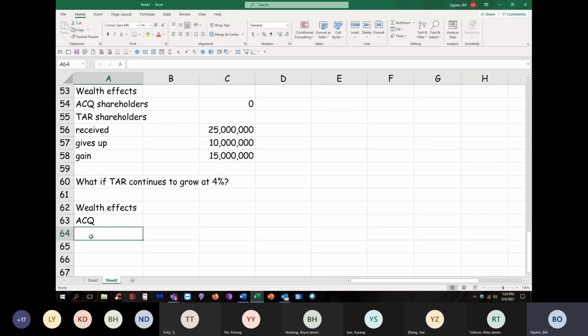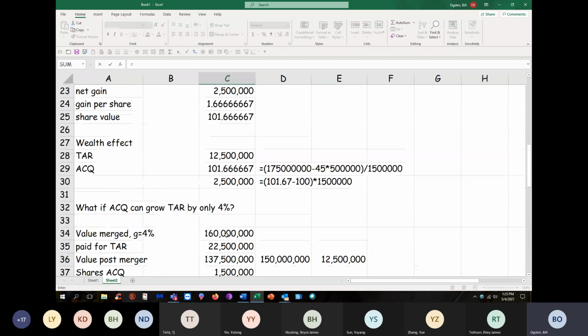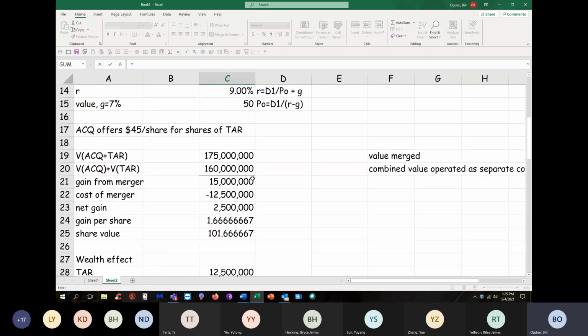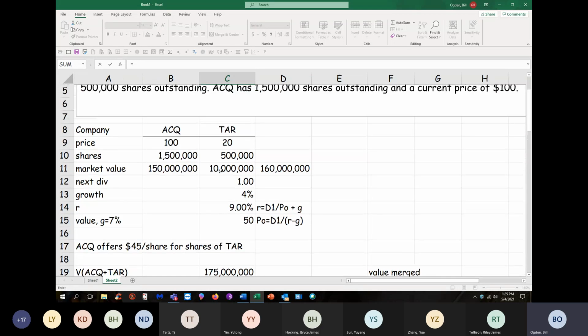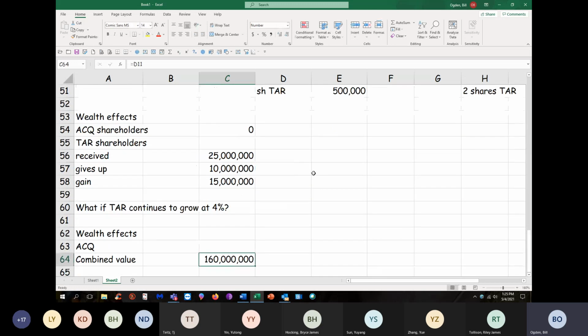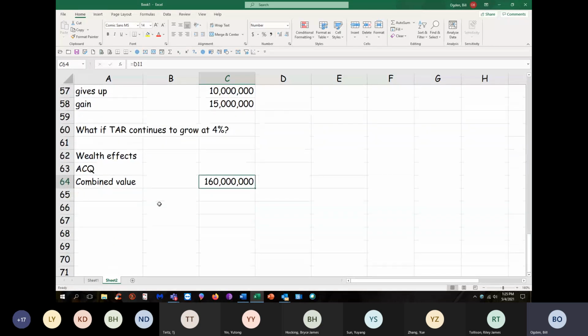We've done this before, so let's not redo it. It's basically the same as if they operated as separate entities. That would still be the 160 million, right? We did that up here. It would just be the number of shares times the price plus the number of shares times the price. So they will be worth $160 million.